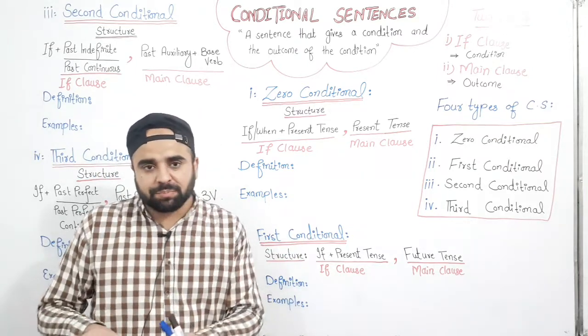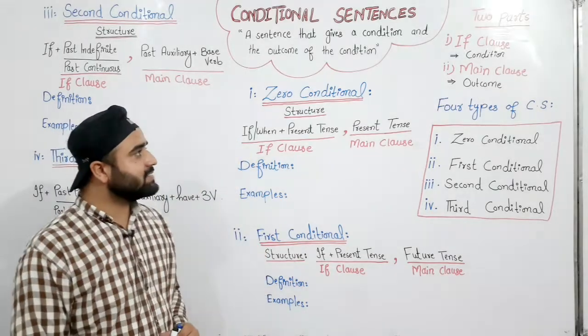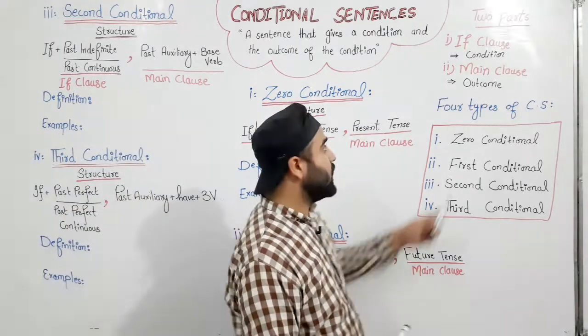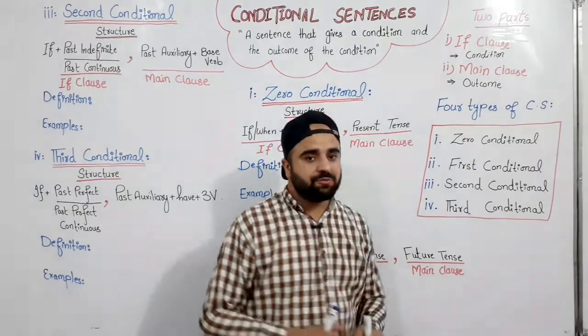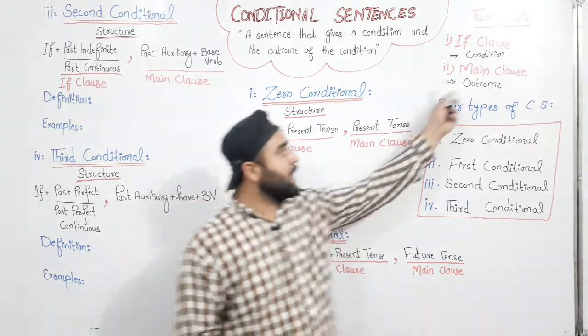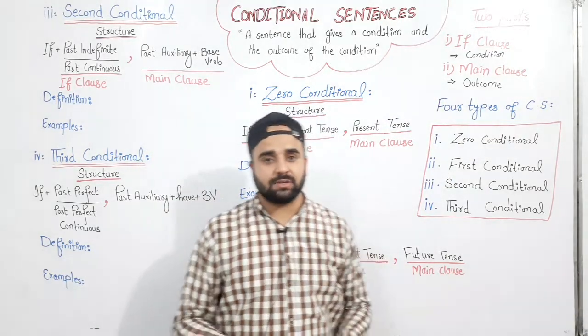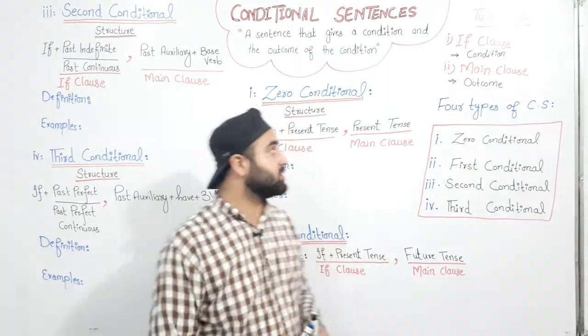If this happens, that will happen. A conditional sentence has two parts: if clause and main clause. The if clause shows the condition and the main clause provides the result, the outcome of whatever the condition is.